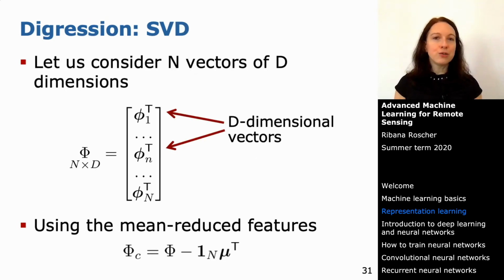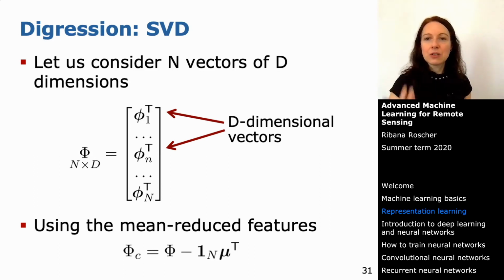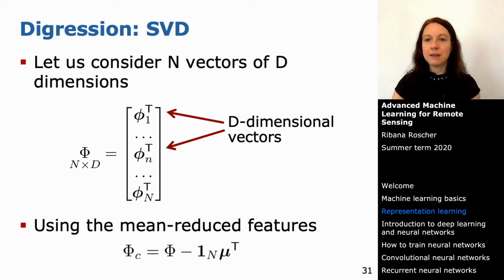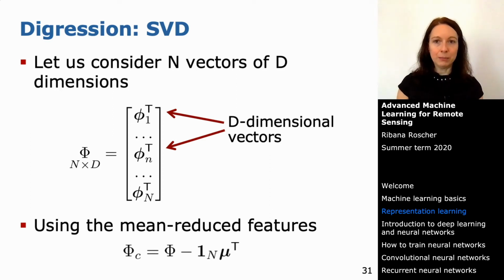In order to do this, we have a short digression to singular value decomposition. So let us consider you have n vectors of d dimensions and they're collected in a data matrix. You can see here the data matrix phi, and the data matrix has a dimension of n times d. So you have row vectors and one row is one sample.